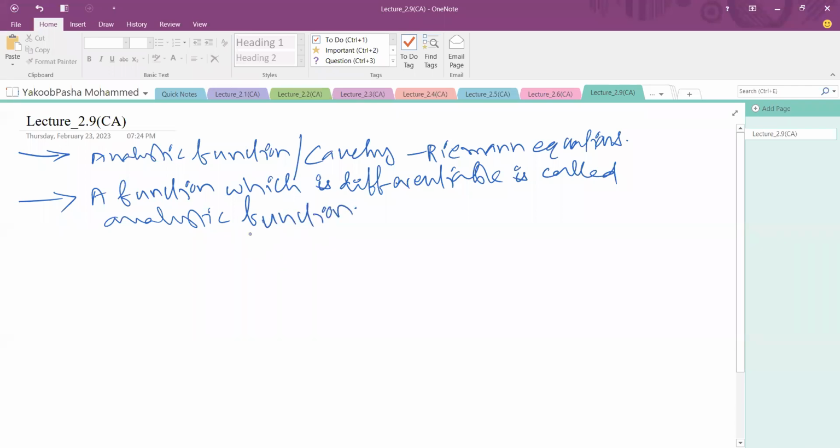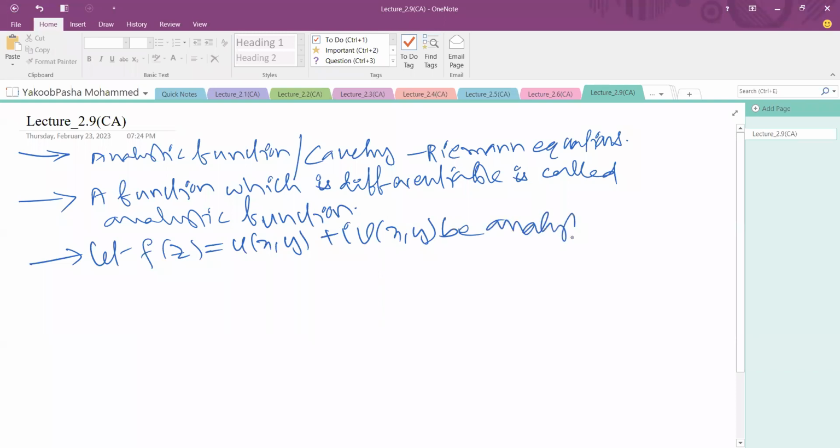If f of z is equal to u of x comma y plus i into v of x comma y is an analytic function, then the Cauchy-Riemann equations are satisfied. We know that u_x is equal to v_y and u_y is equal to minus v_x.